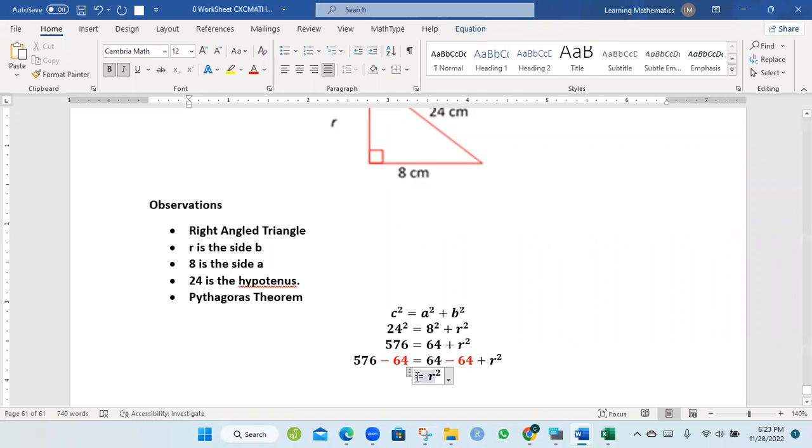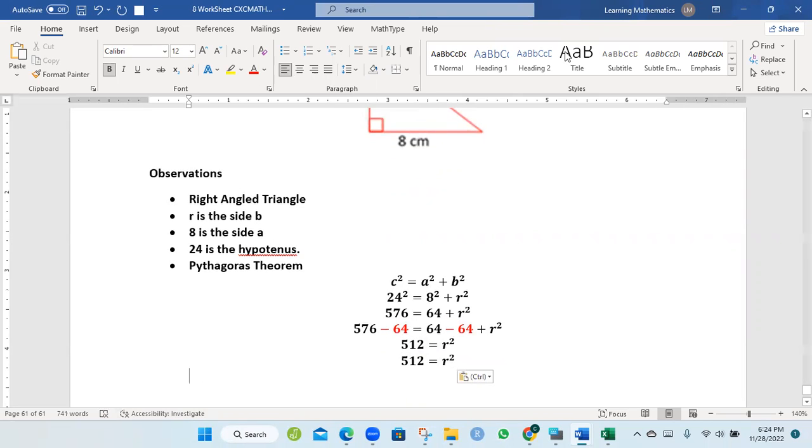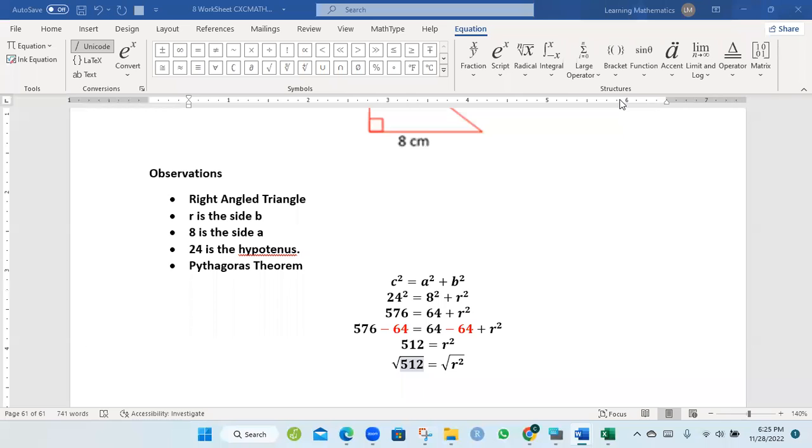That's 512. And now to cancel out this square, we have to square root r squared on both sides. The exponent of 2, we have to square root. So if we square root on the right, we square root on the left. So I'm left with r alone now on the right side.